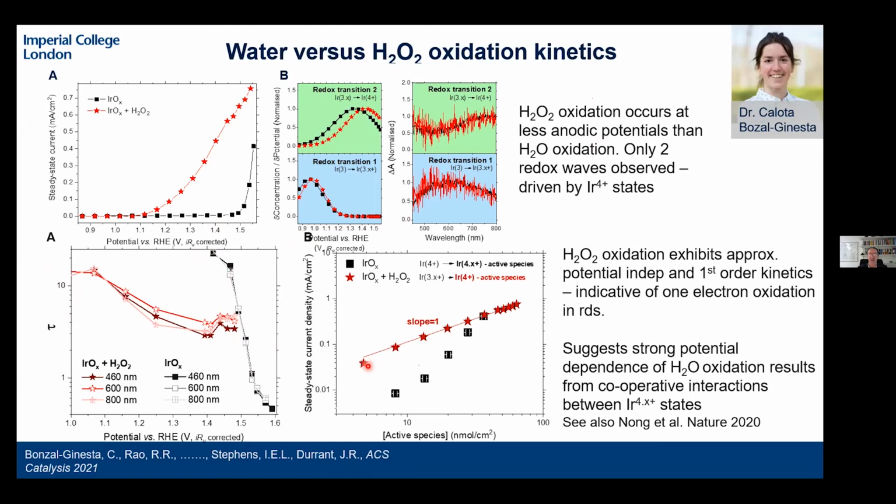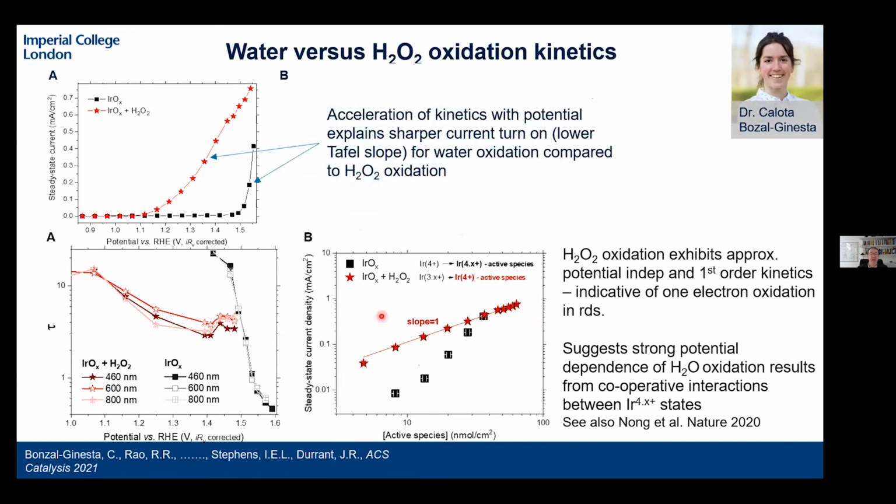It's a reaction which is independent of a density of species. And that suggests that individual iridium 4 species are driving one electron oxidations as the rate determining step, a simple reaction. Another way of putting it is that if you plot current versus the density of states, or of oxidizing states, the current goes up linearly with the density of oxidizing states.